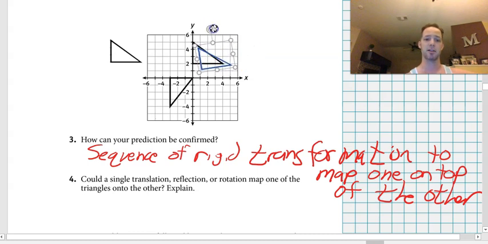Or you could translate then rotate. You know, let's say you translated here and then rotated. Not quite perfect, but we could do that. But there actually is a way to possibly do this with only one transformation. You could actually do this with one rotation. The center of rotation would actually be about negative 2.5, 2.5.